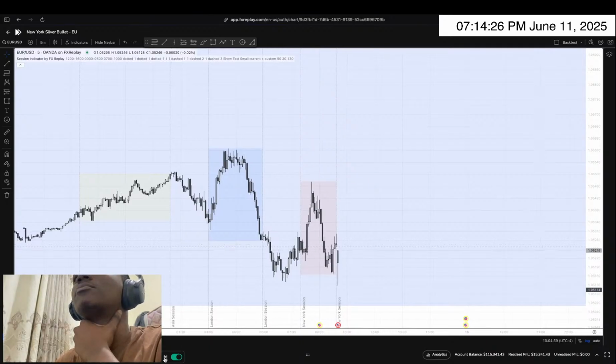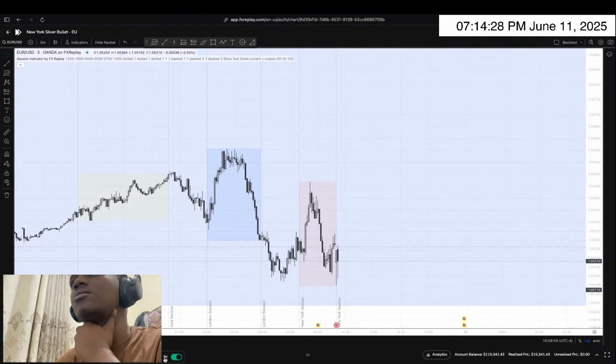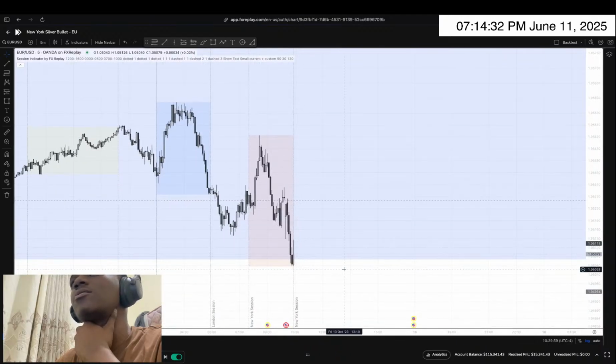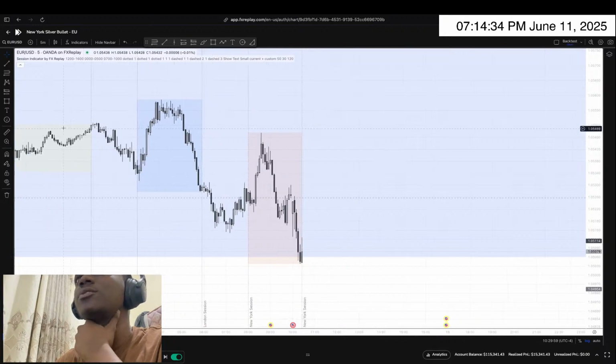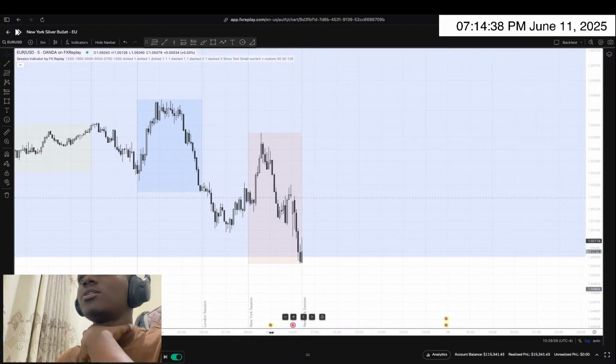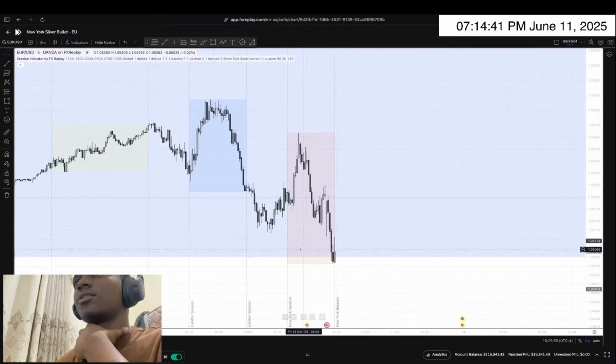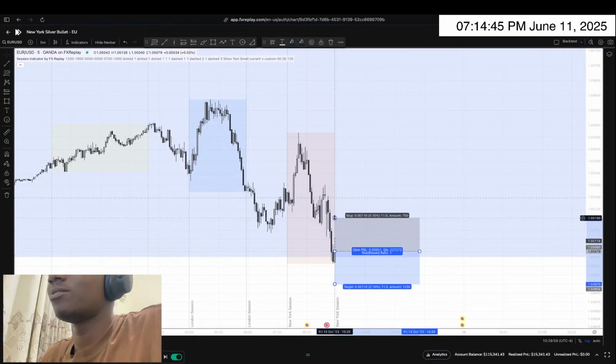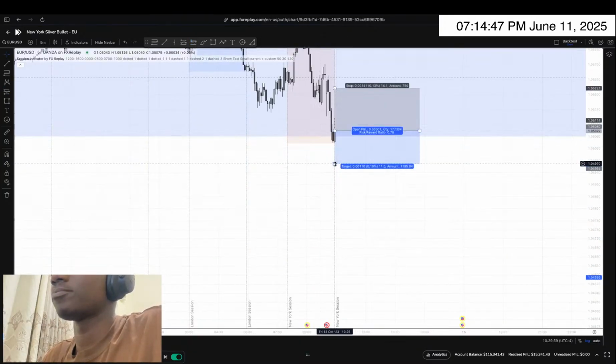We might expect an expansion to the downside. Okay, this is our cue to enter because we had accumulation, manipulation, then we distribute to the downside. And by distributing, I think we know how the high time frame looks. So opening the high time frame will fix the replay.